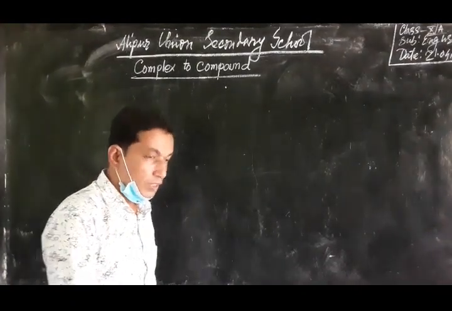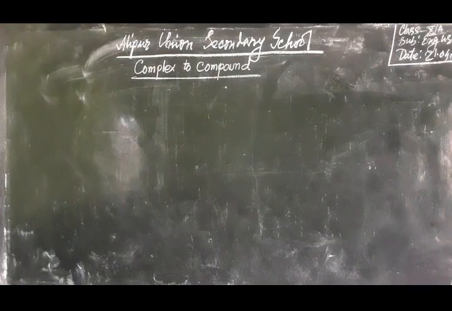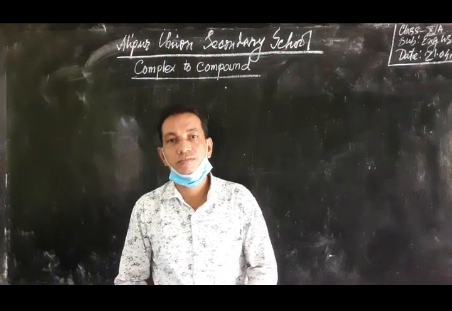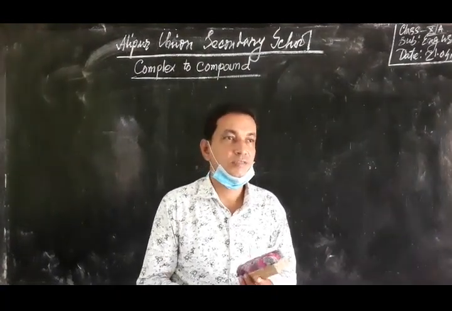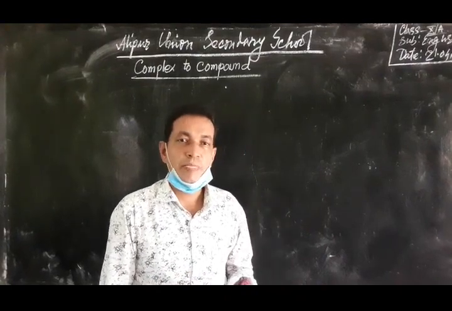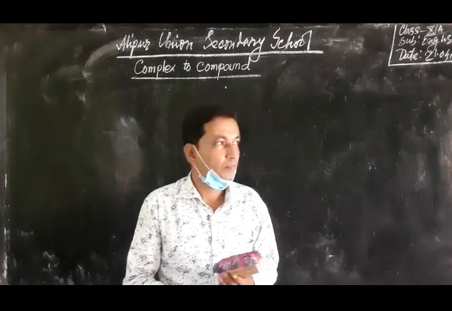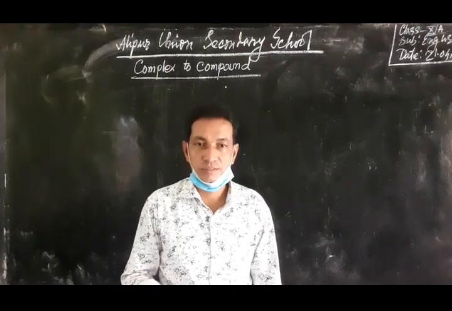Dear learner, you know that a complex sentence is a greater sentence, and there are many clauses arranged in this sentence, and a compound sentence also has many clauses, and this sentence is connected with a coordinating conjunction, whereas a complex sentence is connected with a subordinating conjunction.